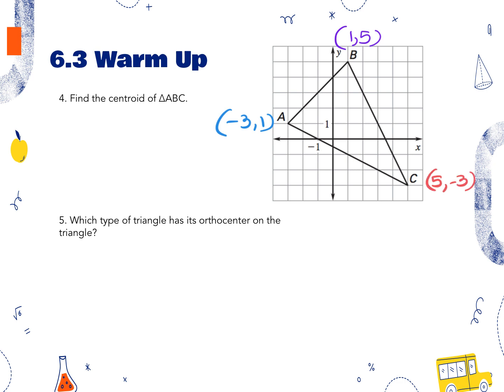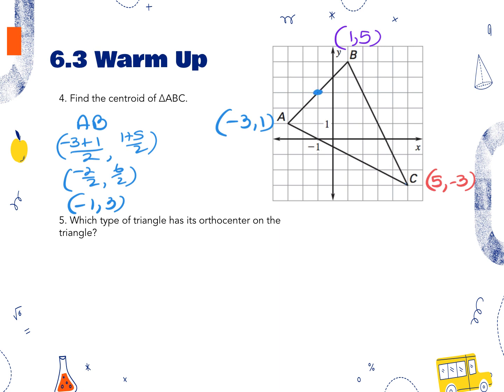Now, the way that you should be solving this without using the trick is to first find the midpoint of AB. So I'm going to add my x's and divide by 2, and I get -2/2, 6/2, which gives me the ordered pair -1, 3. So I'm going to graph -1, 3. This is the midpoint of AB.